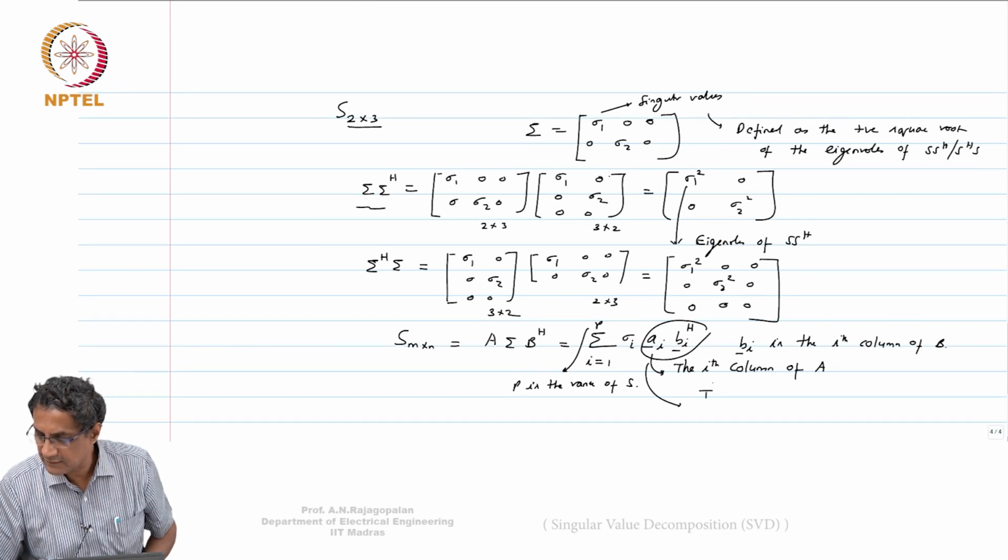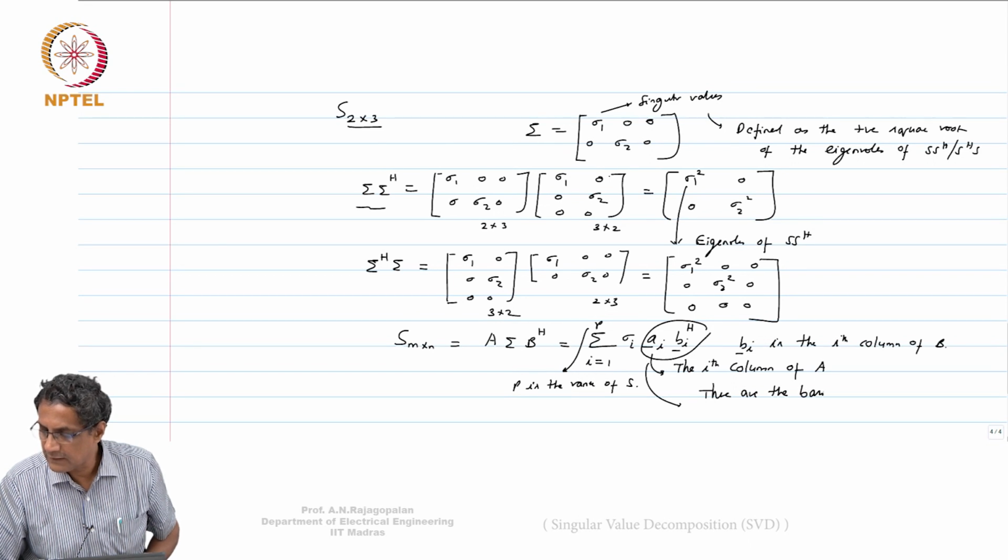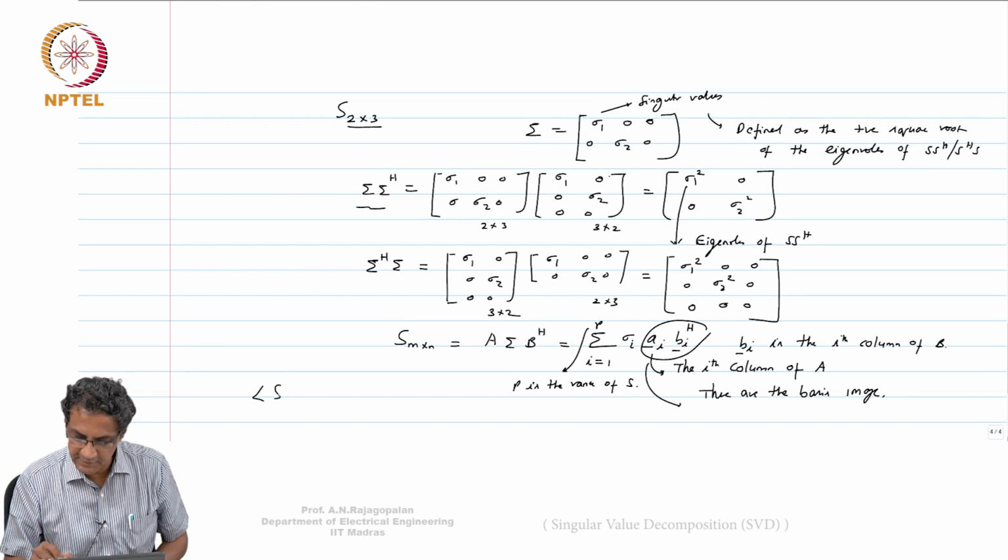This is the basis image. So these are the basis images, and again, I am going to leave it to you as an exercise to show that if I take the inner product of S M N with, let's say, A j B j Hermitian, this will give me sigma j.